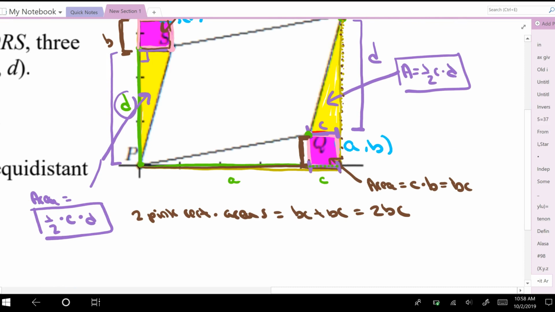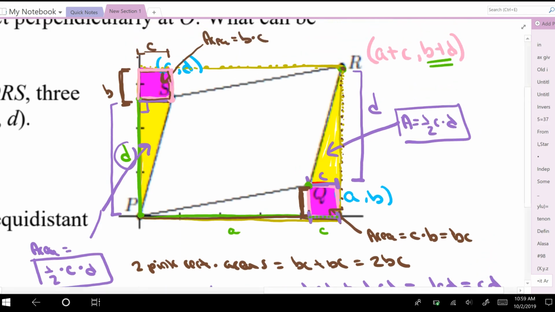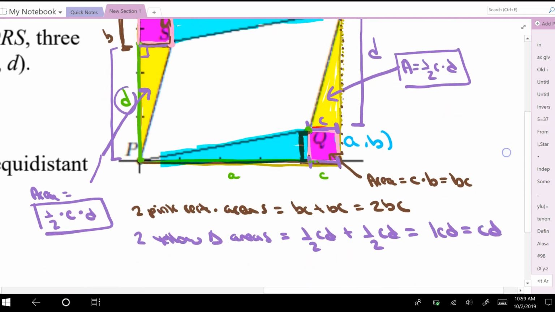So then the two yellow triangles' areas is going to be 1/2 C times D plus 1/2 C times D. These are like terms, so I get 1 CD, or just C times D, right? All right, I think you know where I'm going now. Please find the area of that triangle and this triangle down here. Okay, and I think we can look and we can see that those are going to be the same areas.